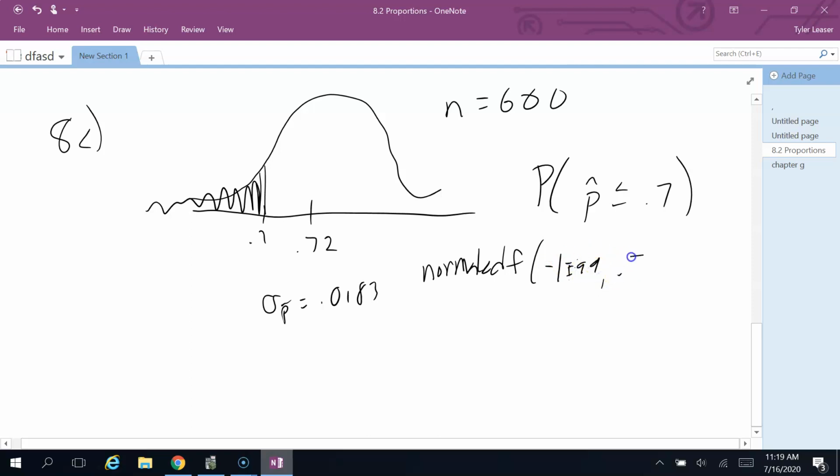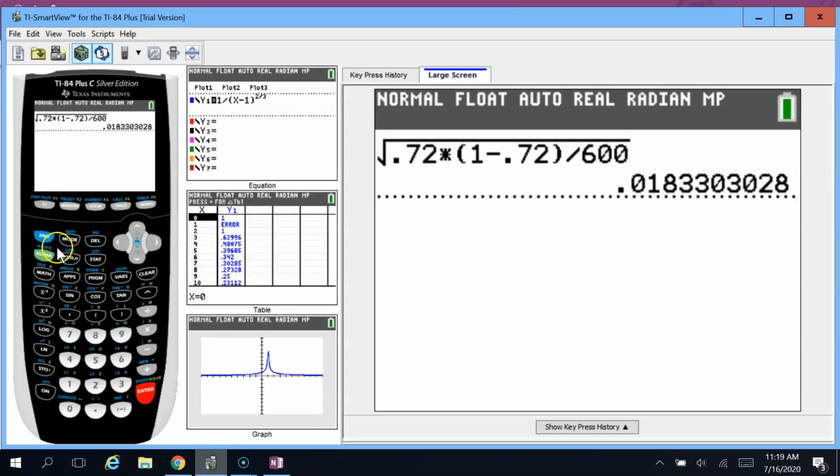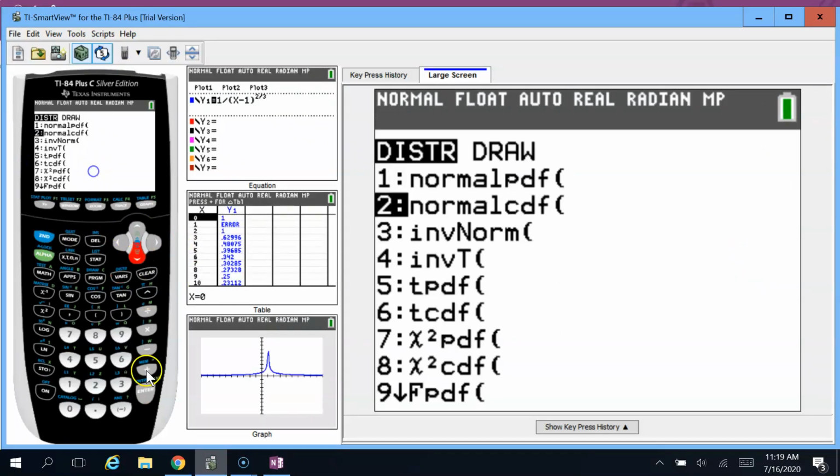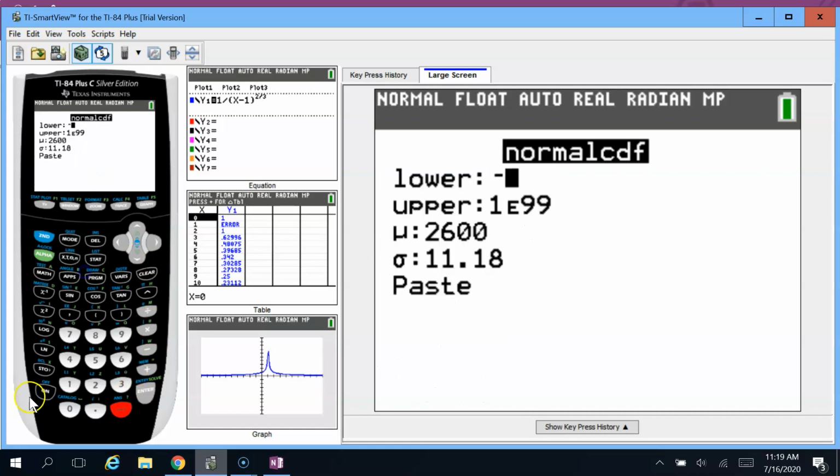It's going to go up to an upper limit of 0.7, mean 0.72, standard deviation 0.0183. So we'll type that in the calculator. All right, so remember it was going forever to the left, so we'll simulate it going to infinity. It's going up to 0.7, or 70%, has a mean of 0.72, and that standard deviation we had calculated, 0.0183.